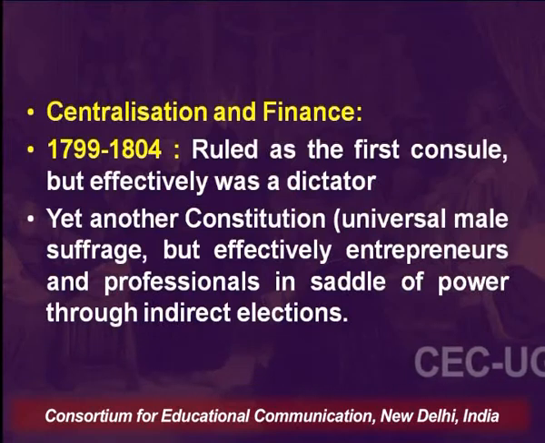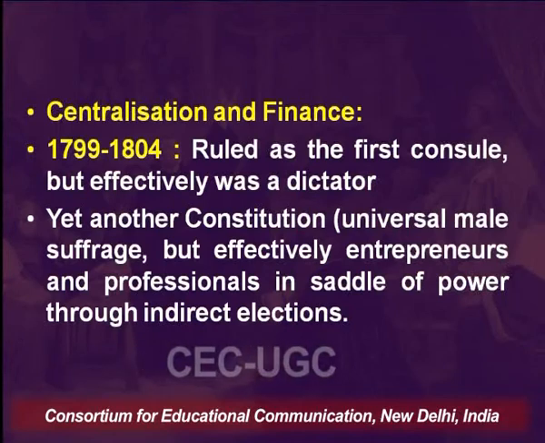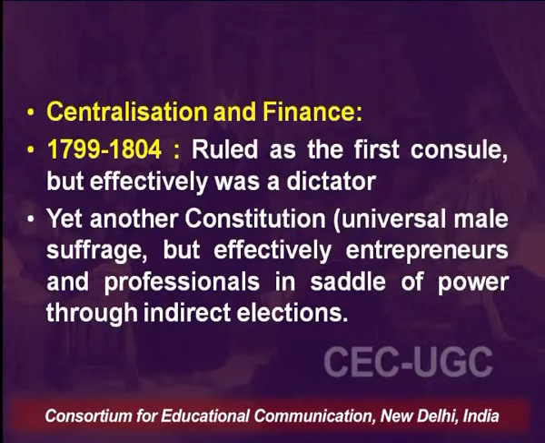So there were institutions, representative institutions, there was a constitution and so forth, but in effect, by now, ever since 1789, France or French politics had known enough how to circumvent these newly created structures, to actually govern with a firm hand.